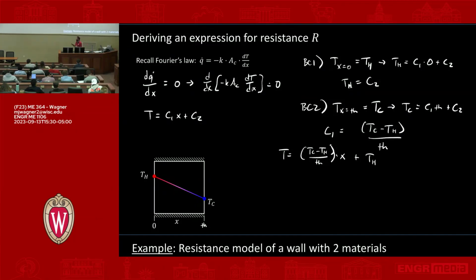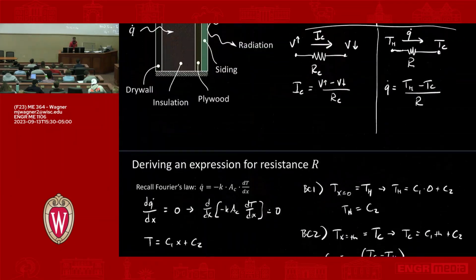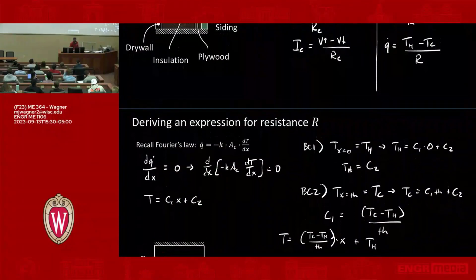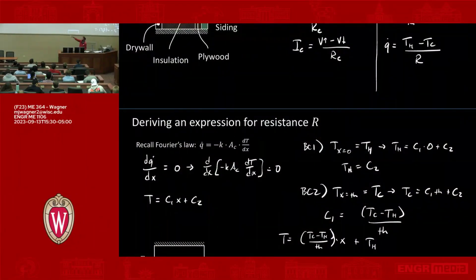So we have our specific solution. How does this help us with resistance? Remember, the resistance analogy we just had is in terms of heat transfer, a relationship between Q dot, temperature and resistance. So let's take our temperature equation and get it back in terms of heat transfer.